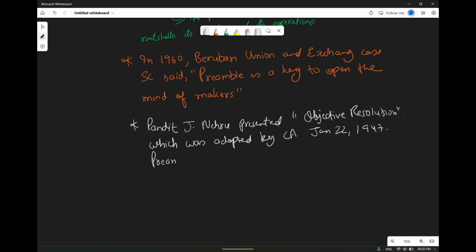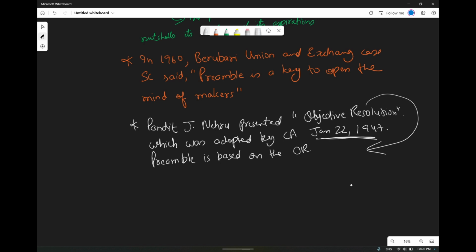After that only our constitution was written. So the preamble is based on this objective resolution.